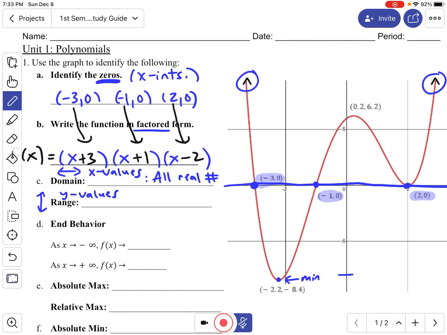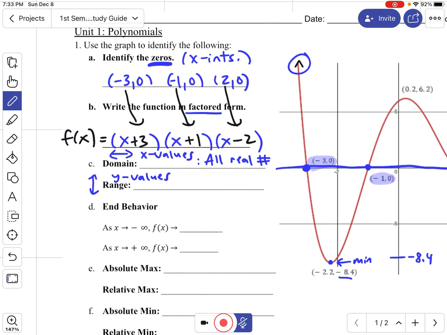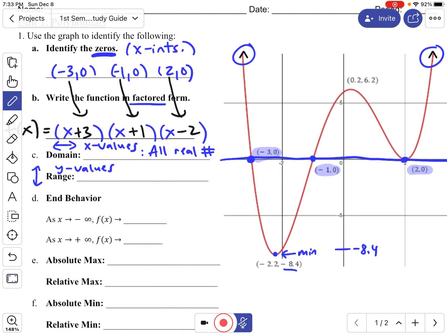And if we look at the y-axis, this would be -8.4 here on the y-axis, and that's as far down as it goes. So there's a couple of ways of writing the range with that. You could say it goes from -8.4 to infinity, or you can say that y is greater than or equal to -8.4. Those are both saying the same thing.